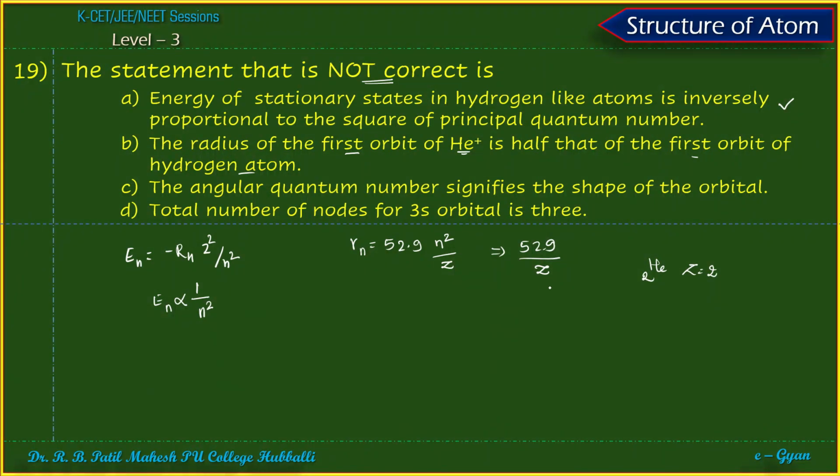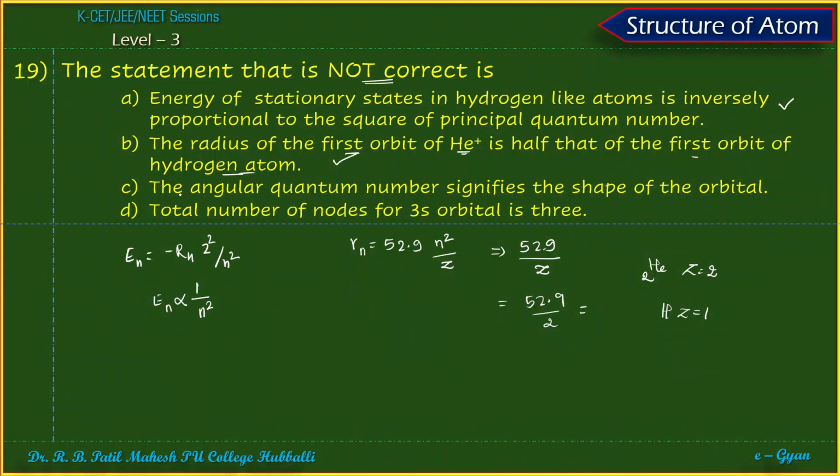So for helium, 52.9 divided by 2 gives half of the radius of the hydrogen atom, because for hydrogen atom Z equal to 1. So the second option given is also correct.